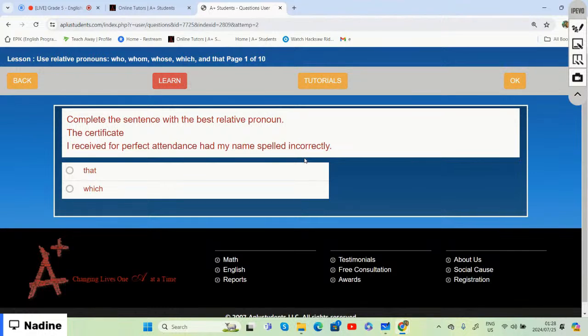Do we say the certificate that I received for perfect attendance had my name spelled incorrectly, or do we say the certificate which I received for perfect attendance had my name spelled incorrectly?